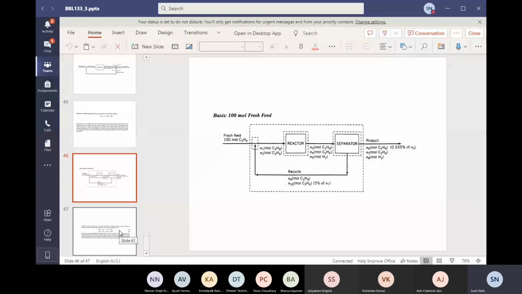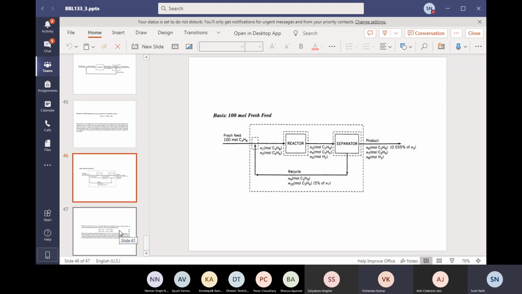Hundred minus N6 upon 100 is 0.95. So N6 is 5. That is the first stream in the product. Now you can do the overall balances on C3H8 and C3H6.